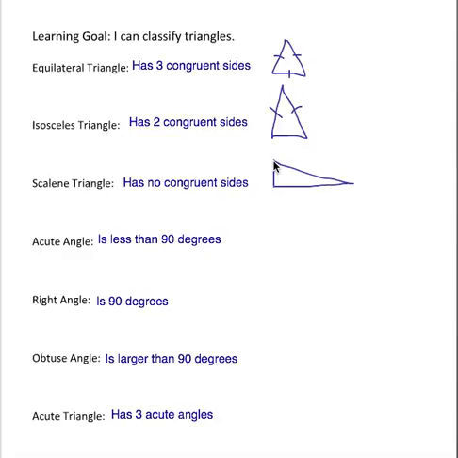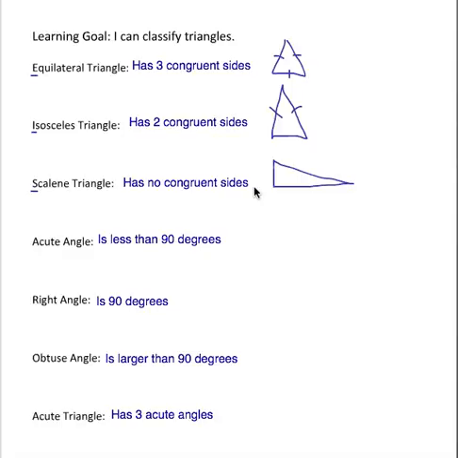And there's an easy trick that I use to help me remember. If you notice the three triangles, equilateral, isosceles, and scalene, they go in alphabetical order. The E would come first in the alphabet, the I would come second, and then the S would come last. So a little trick that I use to remember is they go in alphabetical order, and the number of congruent sides goes down with each of them.